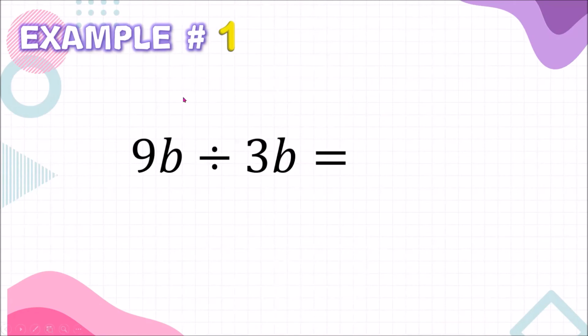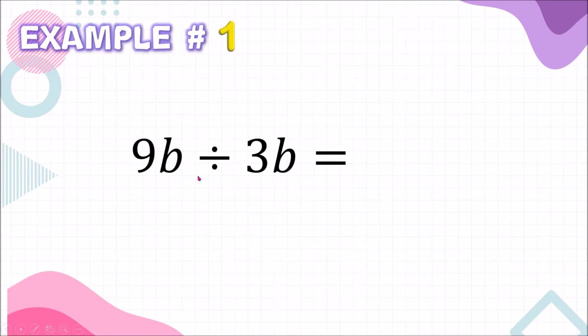So in dividing polynomials, take note, class, that if in multiplying, the exponents are added, in dividing, we need to subtract the exponents. So in this case, we know that 9 divided by 3 is 3, and then b divided by b. So that is an invisible 1 here, exponent invisible 1. So 1 minus 1, we have 0.